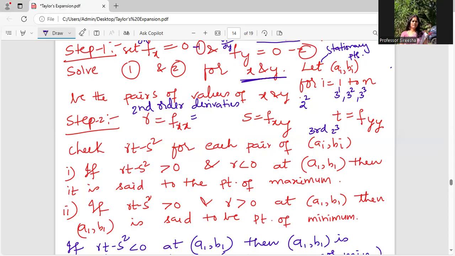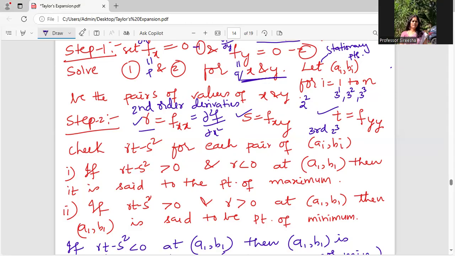But then, because always writing f suffixes x's, or dou square f by dou x square, consumes a lot of space and takes a lot of time for typing, alphabets are given: R, S and T. The derivative of f with respect to x would be called p, and the derivative of f with respect to y would be called q.